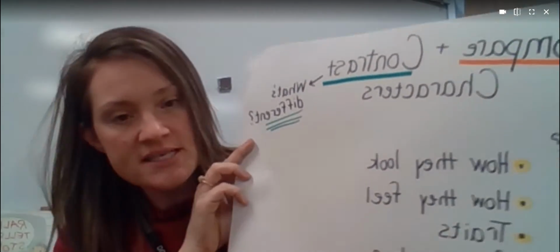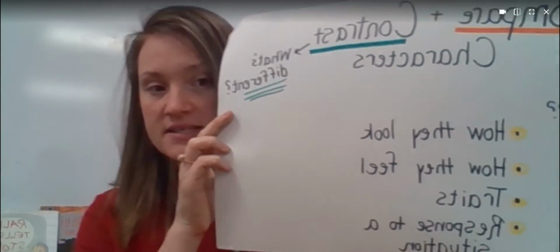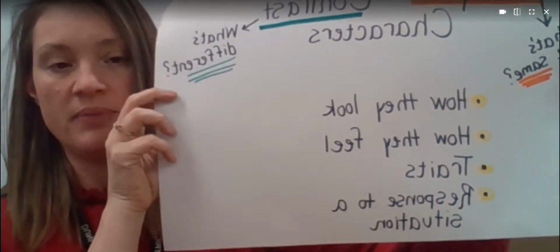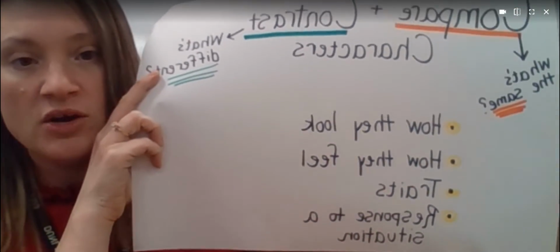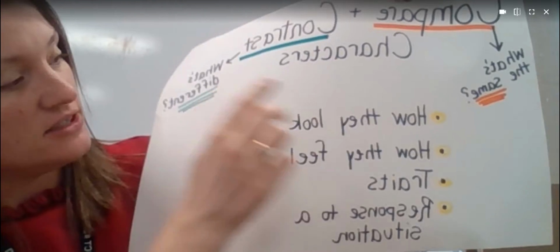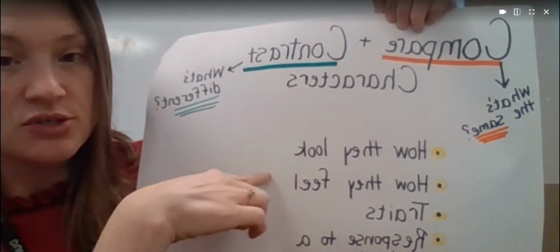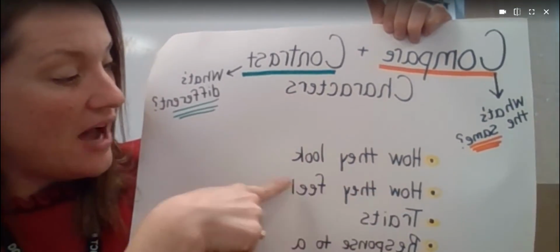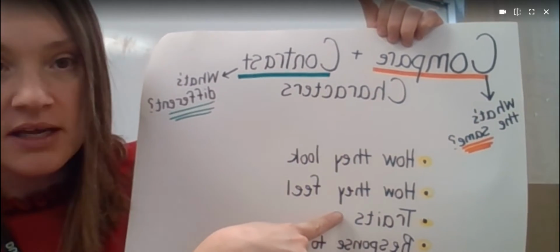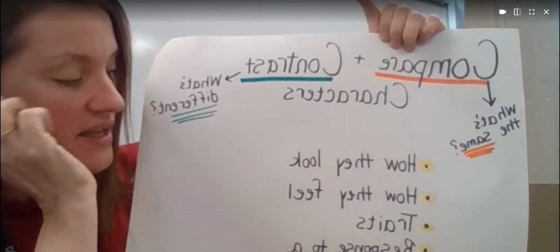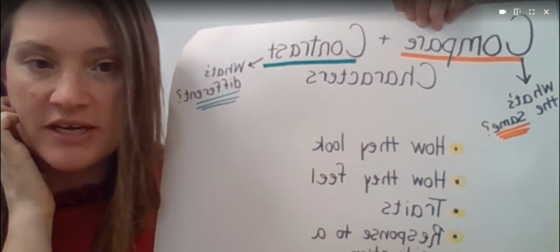So today I want to tell you 4 specific things that readers think about when they're comparing and contrasting. Readers can compare and contrast how characters look, how they feel, character traits, and then a response to a situation.